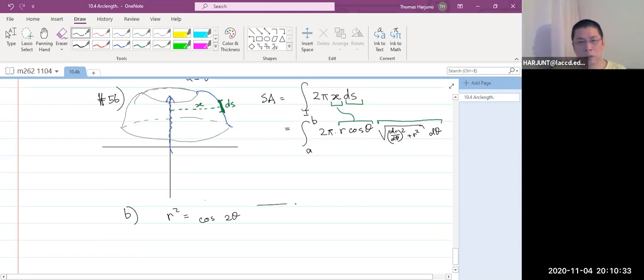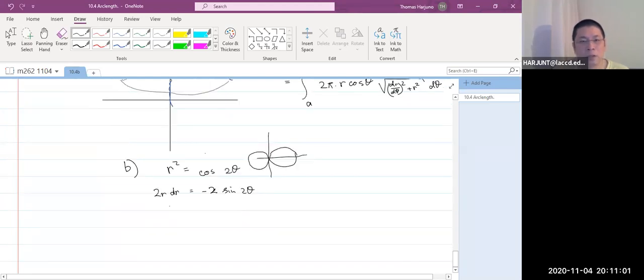As I remember, it looks like this. So 2r dr equals negative 2 sine 2 theta. Cancel the 2, so dr, I'm sorry, I have d theta here.